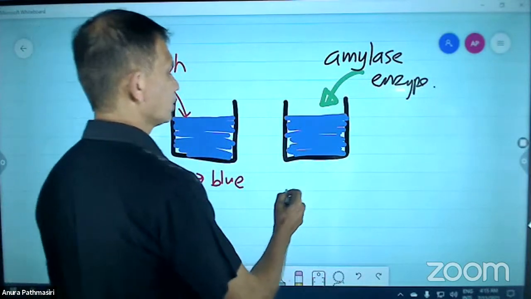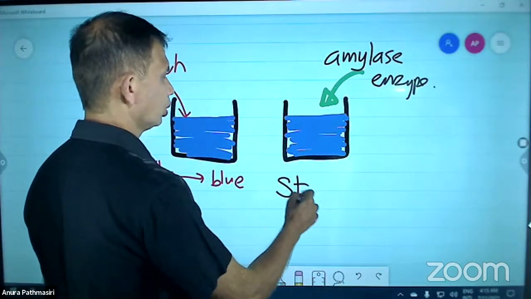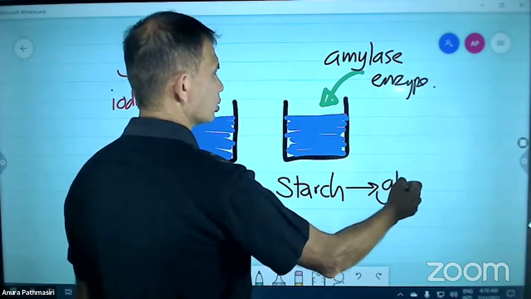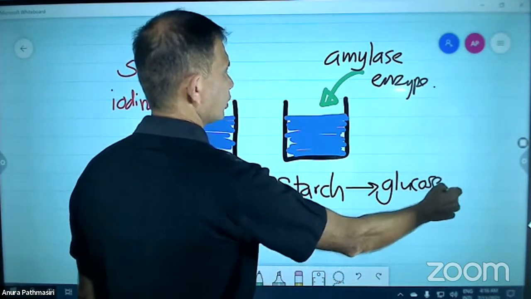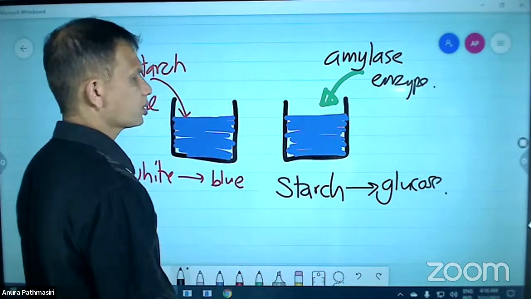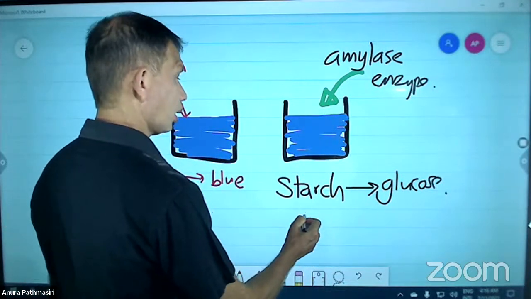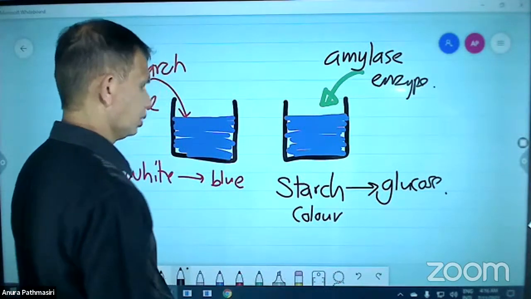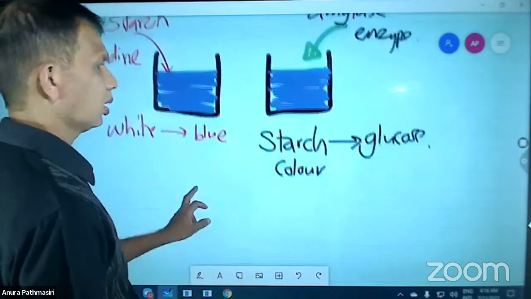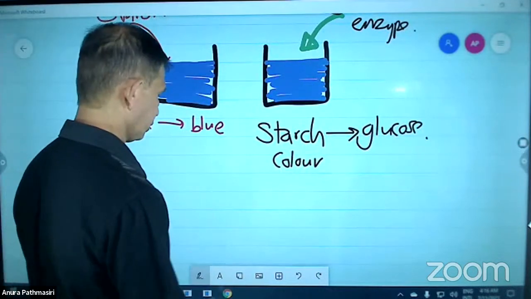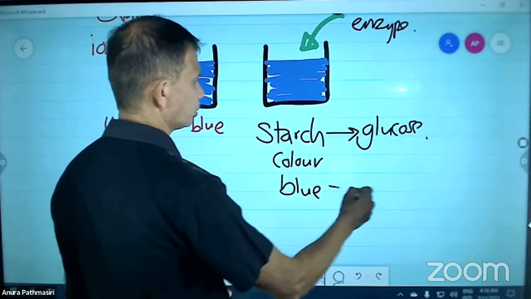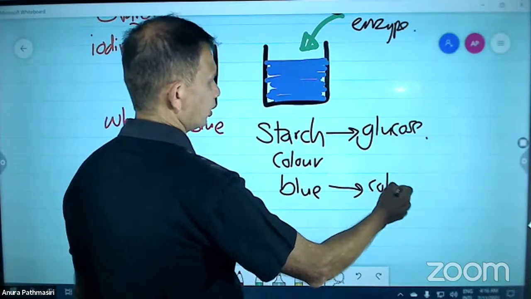So when starch turns into glucose, as there is no starch, the color will change from blue to colorless.